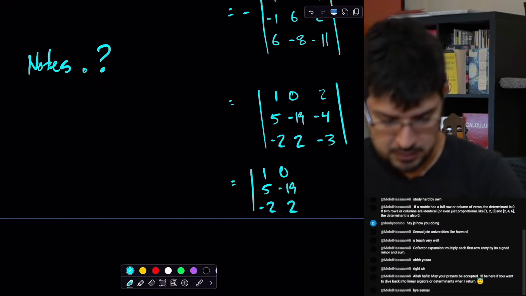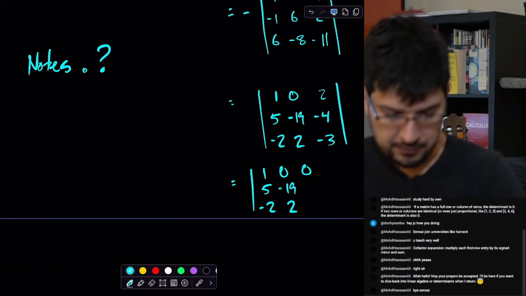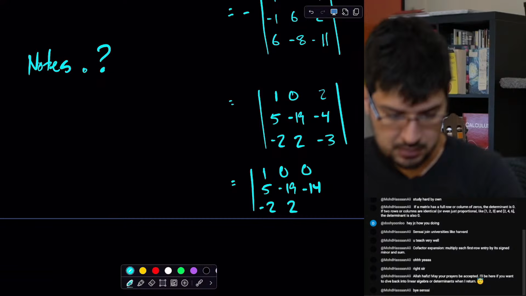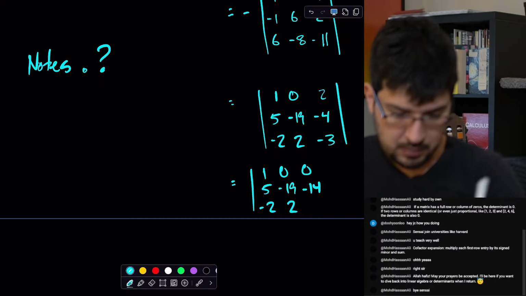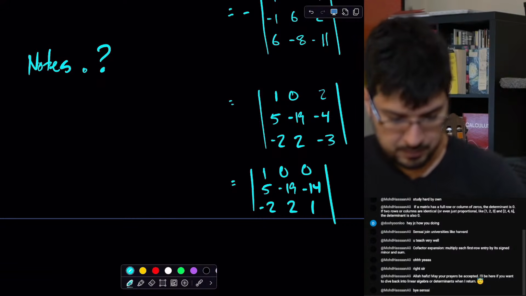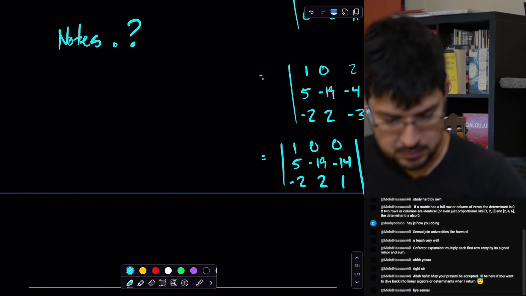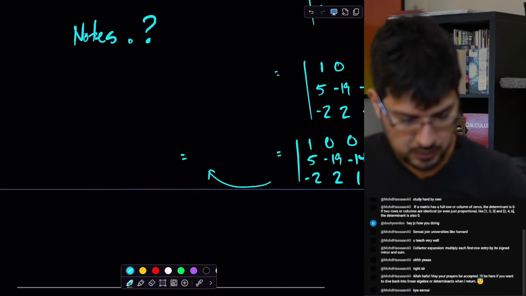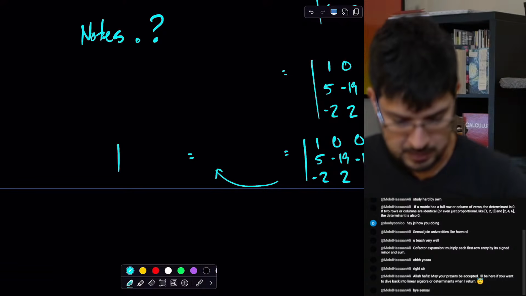So 2 minus 2 is 0. Negative 4 minus 10 is negative 14. Negative 3 plus 4 is 1. So let's work in this direction.